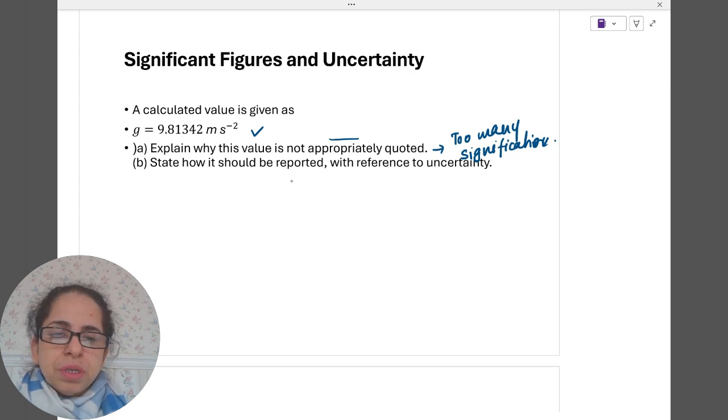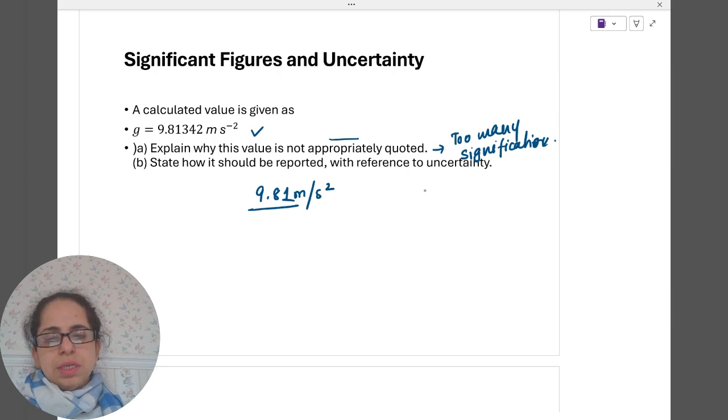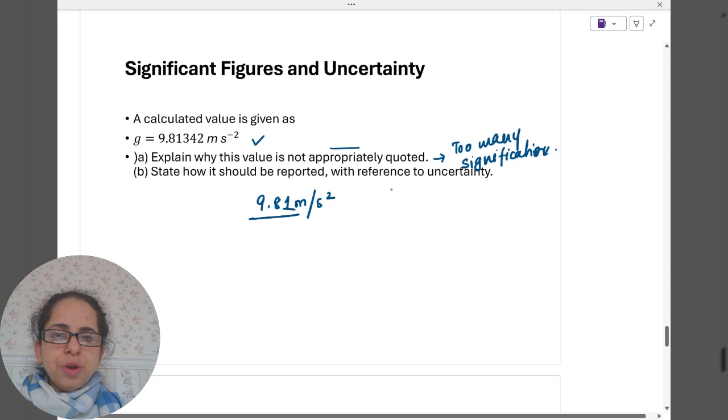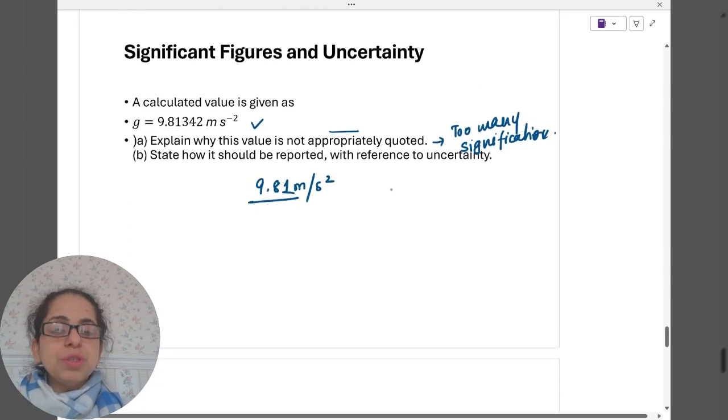How would it be reported? With reference to uncertainties. Always take care of the uncertainty. I'm not talking about estimation, don't get worried. I told you we'll be talking only about uncertainties today.